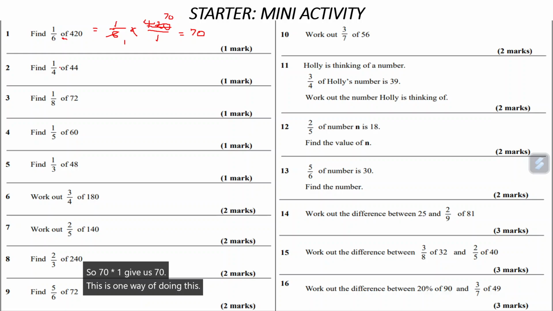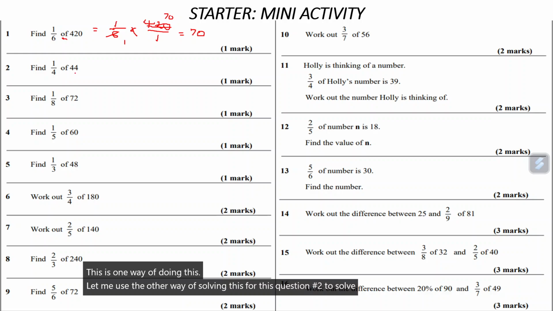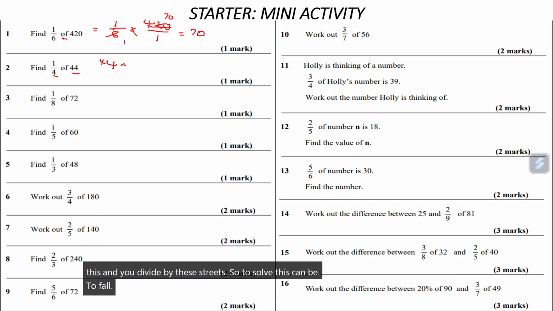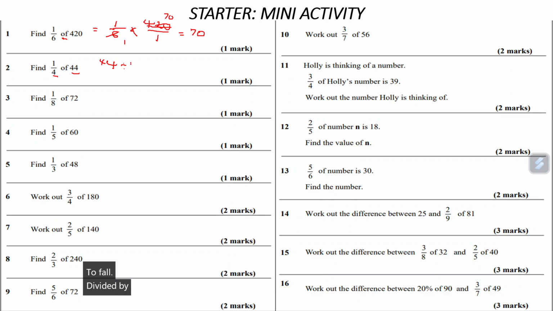Or let me use the other way of solving this for question number 2. To solve this, one can easily take this and divide by this straight. So to solve this, 44 divided by 4, that is 11.